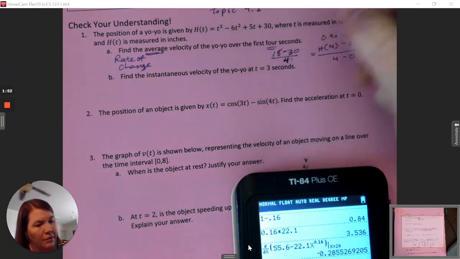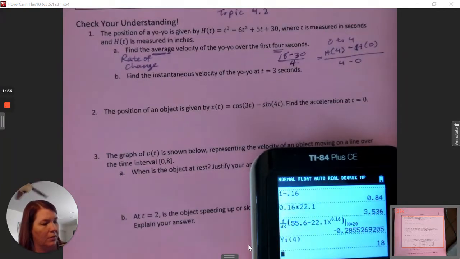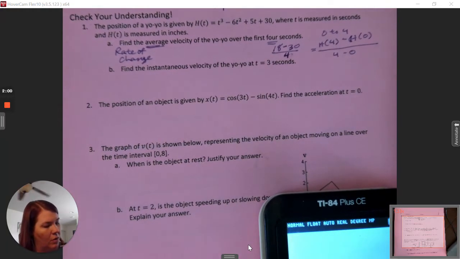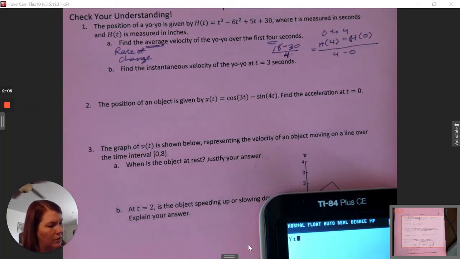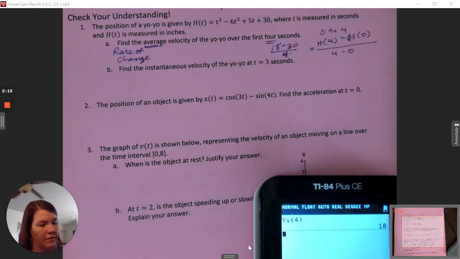And if I want to use my calculator in a different way to do the problem, I'm going to clear that out. So what I did instead is I pushed alpha and trace, and there was y1, and then I did of 4, and hit enter. Very basic, not very exciting kind of a calculation.